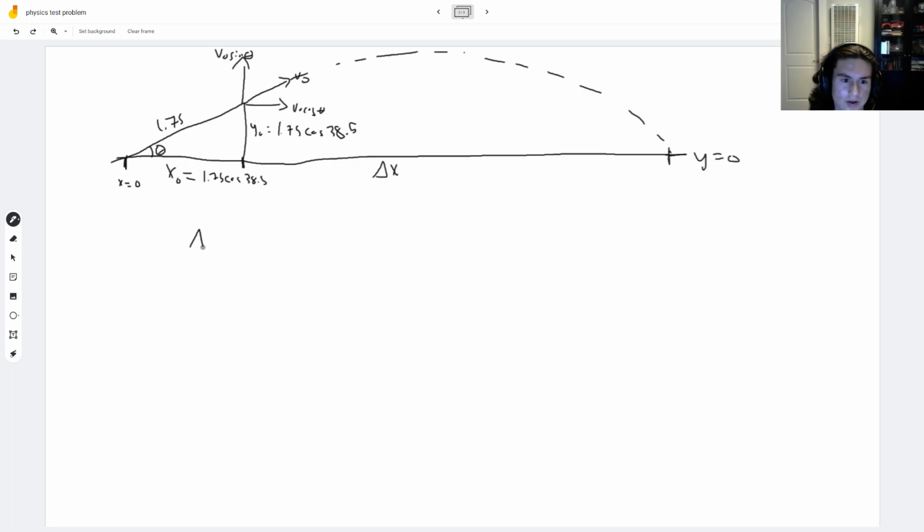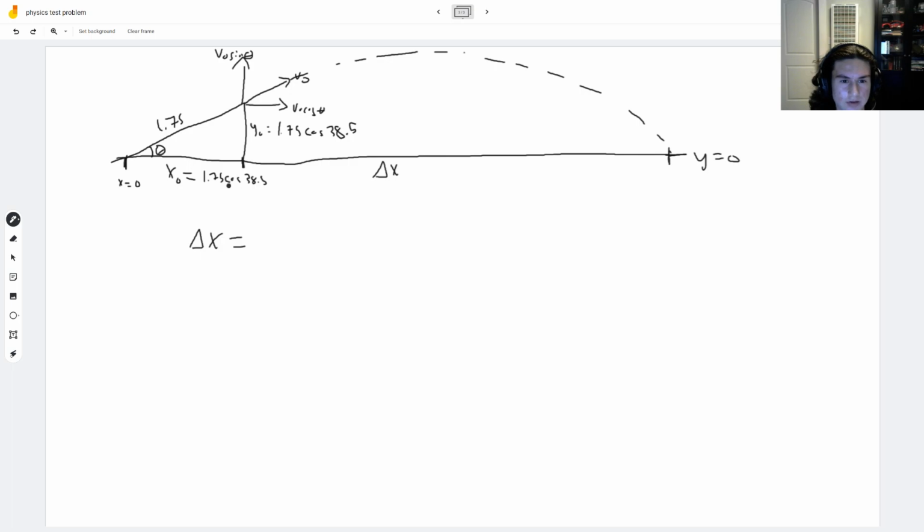I think I'm going to solve it right now with change in x, because on the test I did 1.75 cosine. Because we're using change in x, that's already taking the initial x position into account, so it's inside of here basically.